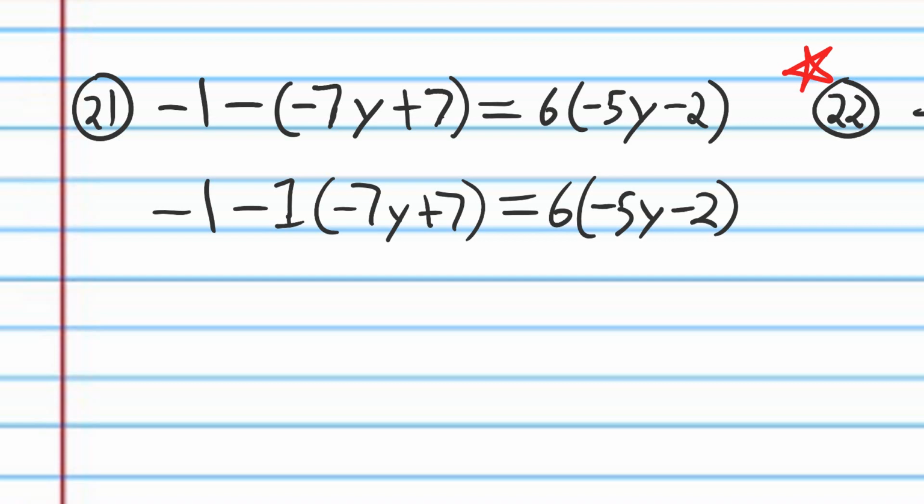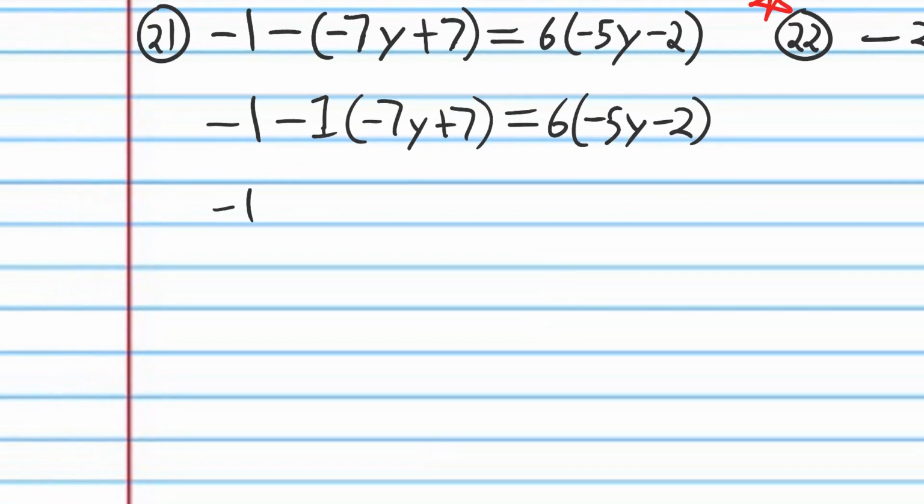All right, so now we're ready. So negative 1 times negative 7y is positive 7y. Negative 1 times 7 is negative 7. And so on and so forth.